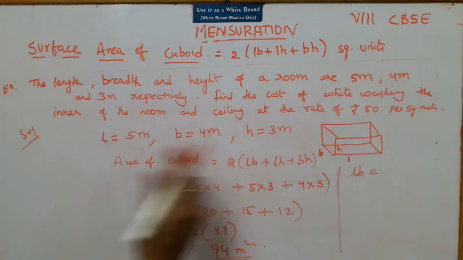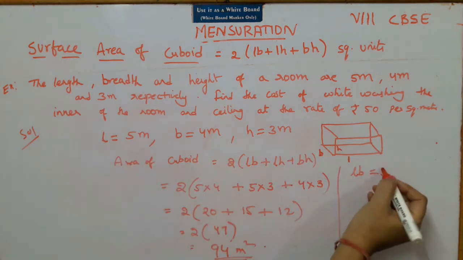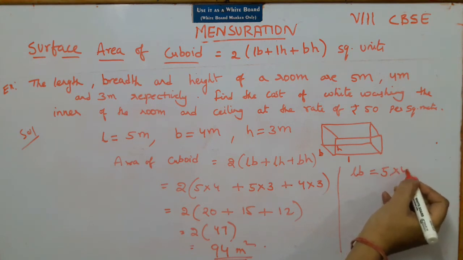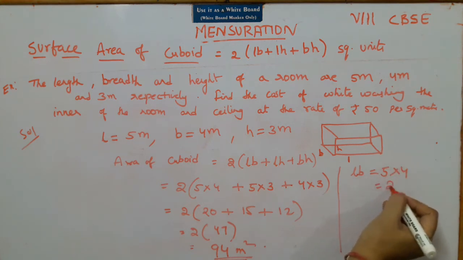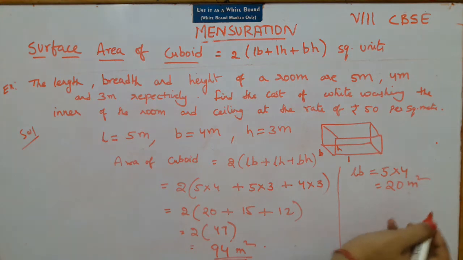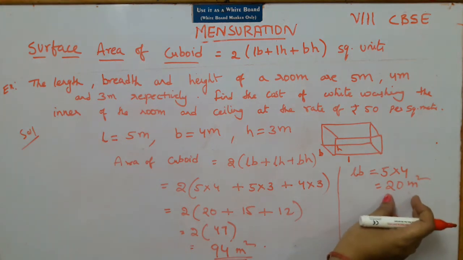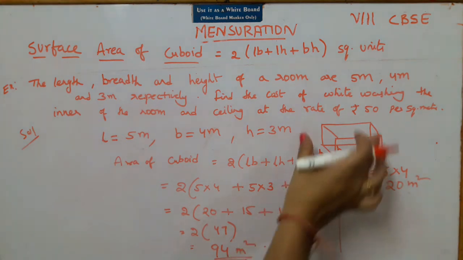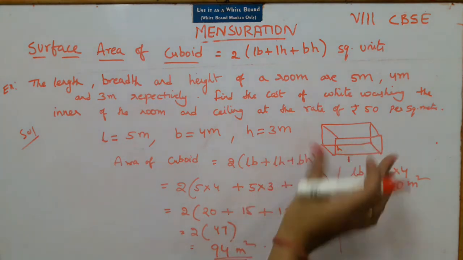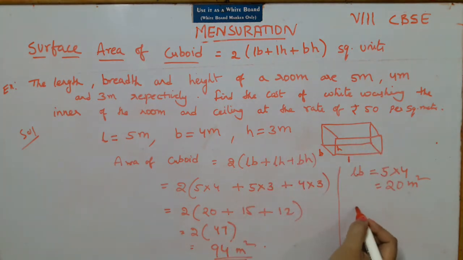What is the length given? 5 meter and breadth is given 4. 5 4s are 20 meters square. So this area should be subtracted from the total area of this room. That is 94 minus 20 is equal to 74 meter square. So this is the area which we whitewash.